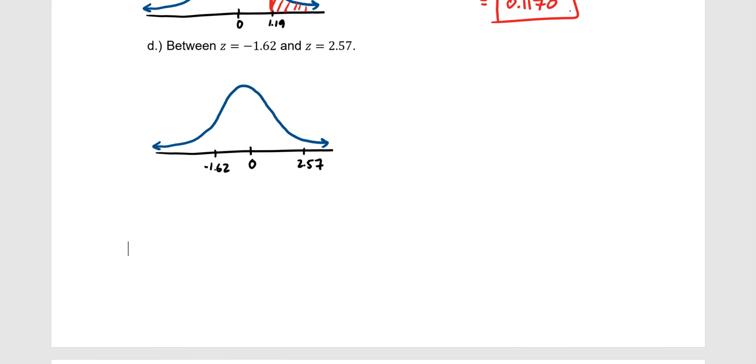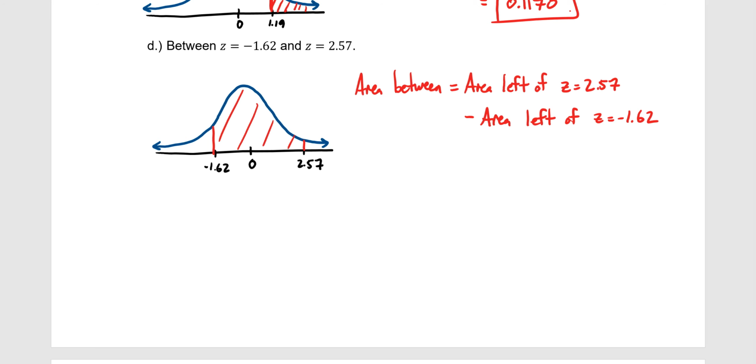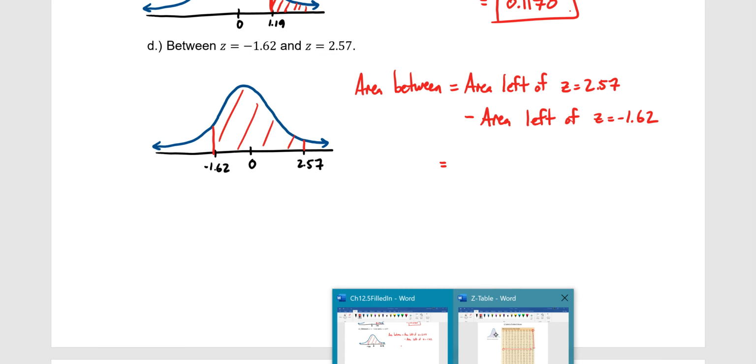We want this whole area between them. The way we find the area between is to take the area to the left of the larger one, and then subtract off this open gap, which is the area to the left of the smaller one. So it's the area to the left of 2.57 minus the area to the left of -1.62. Let's find these on the table.